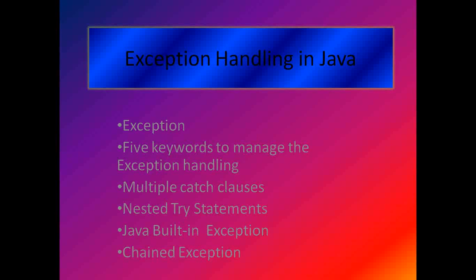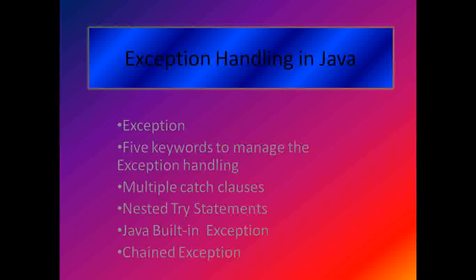The parent class of this exception is Throwable, and it's categorized into two distinct branches: one is Error and the other one is Exception. Errors are handled by the Java runtime environment, and the other one, Exception, is handled by the developer. Whoever develops the project is going to handle the other distinct branch called Exception.